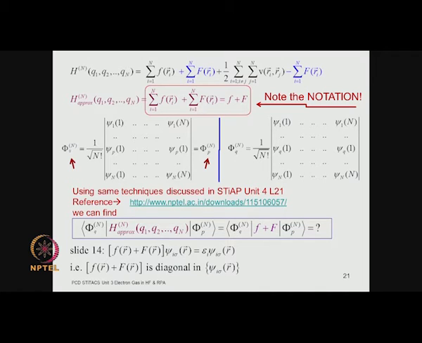As a result of this, it follows, using the techniques that we have discussed earlier, that this particular approximate Hamiltonian will have a matrix element which will vanish between two different Slater determinants which have different occupation numbers. Okay. So, this will automatically vanish. I will not show this in any detail, but refer you to the discussion in unit 4 of the previous course.